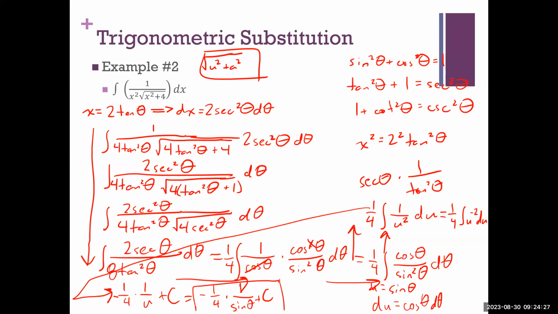Go ahead. Shouldn't the last u be cubed since it's in the denominator? Basically this is the power rule of integration. The power was -2, so when you take the antiderivative, you raise the power by 1, which makes it -1.